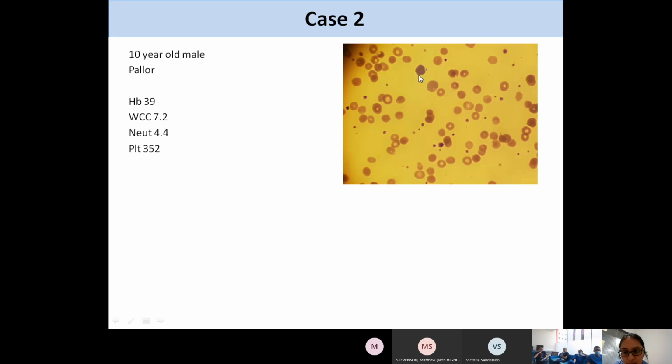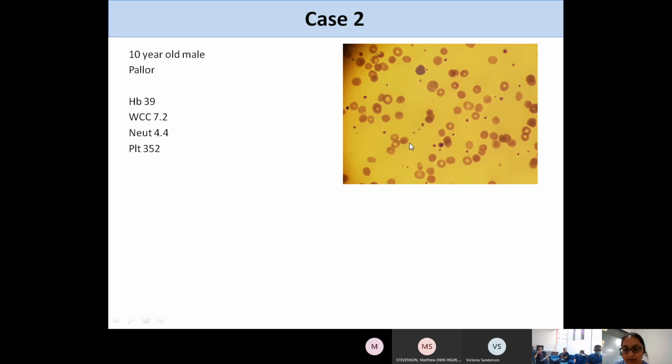We don't have a lymphocyte to compare, but these red cells are normal in size and they have central pallor. What you also have, however, is these very dense, quite darkly red cells without any evidence of a central pallor.